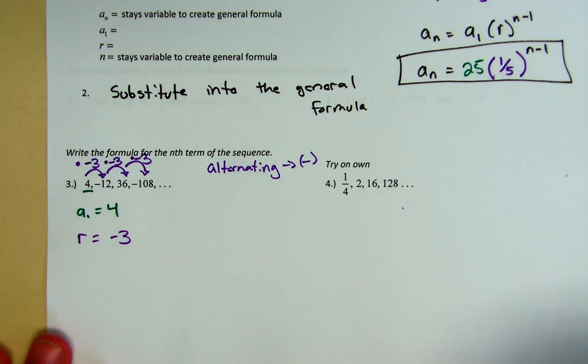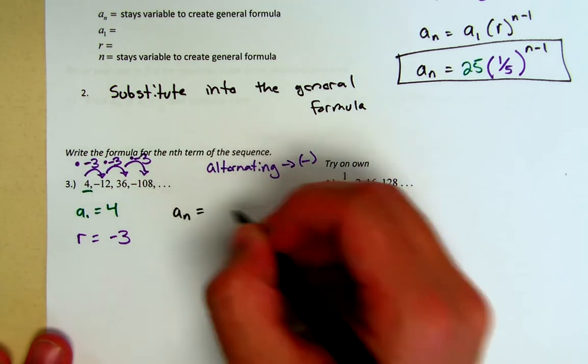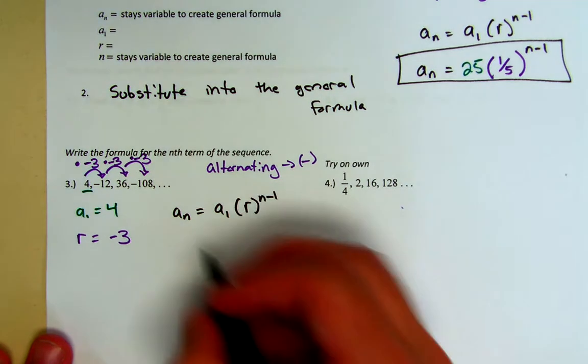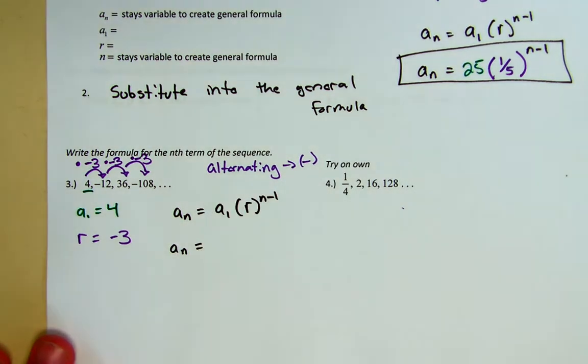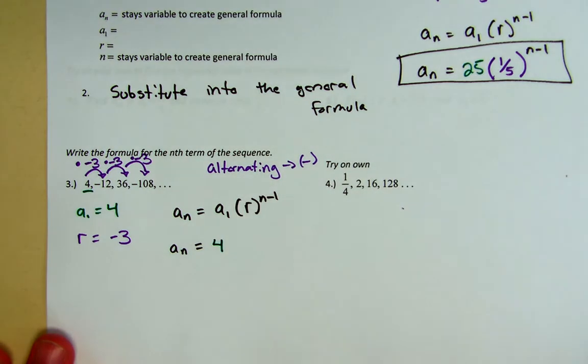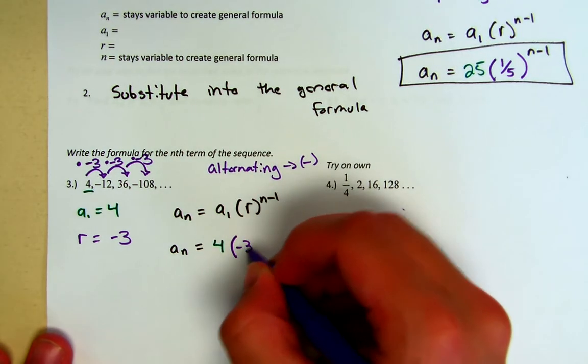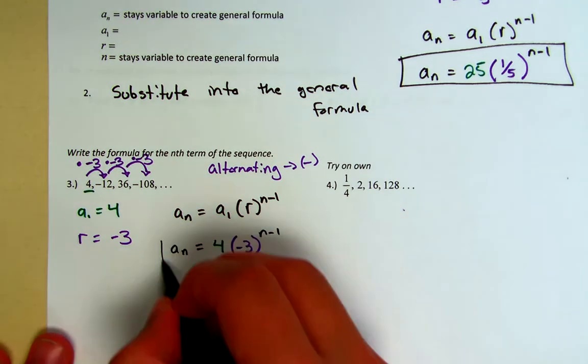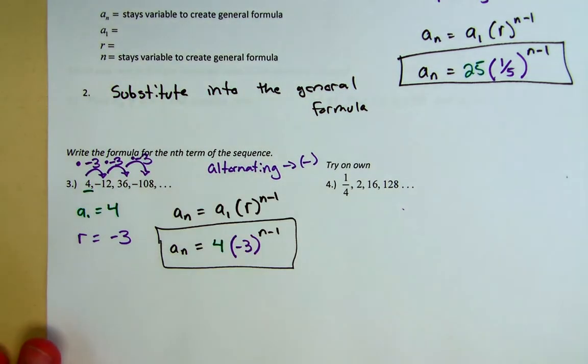Alright, now into our formula. an equals a1 r to the n minus 1. So an equals a1, which is 4, times r, negative 3, to the n minus 1. So again, I have created my general formula.